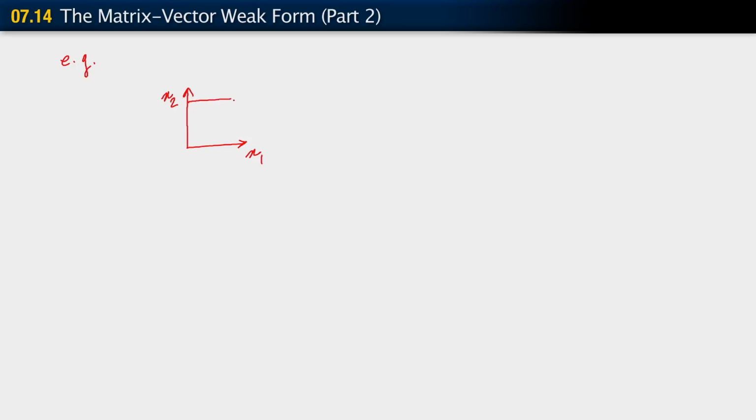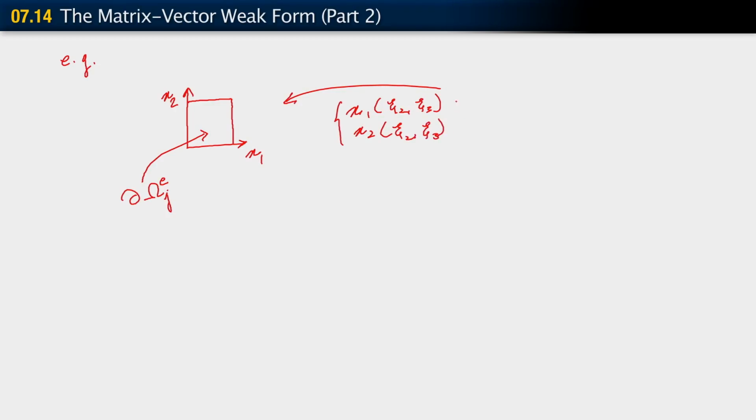And then if our face partial of omega e sub j sits nicely in here, it's easy to construct it as a mapping x1, x2 functions of c2, c3, as I'm suggesting here.